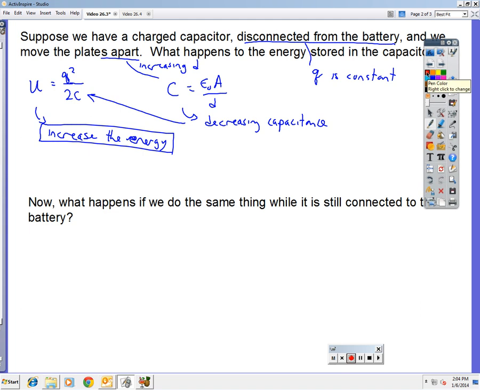Now let's look at the same situation, except that we're going to keep the capacitor connected to a battery. What this means is that the voltage is constant, because that's what batteries do, they maintain constant voltage between their terminals. But because charge can move through the battery, that means Q is not constant.